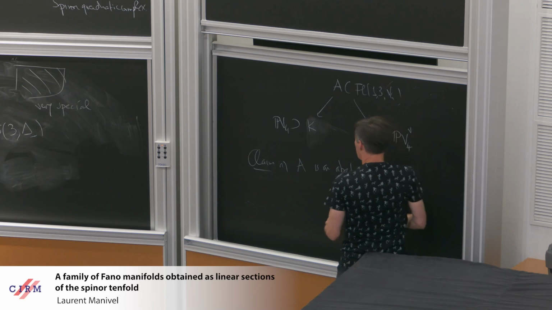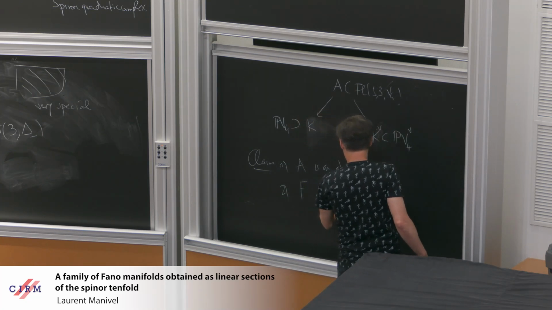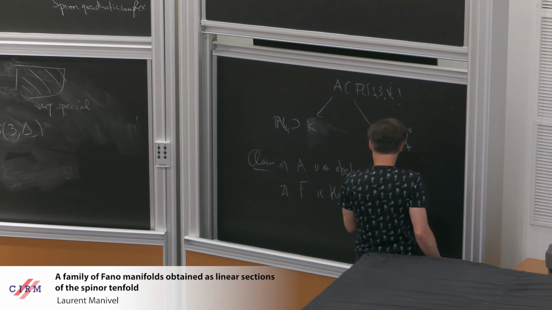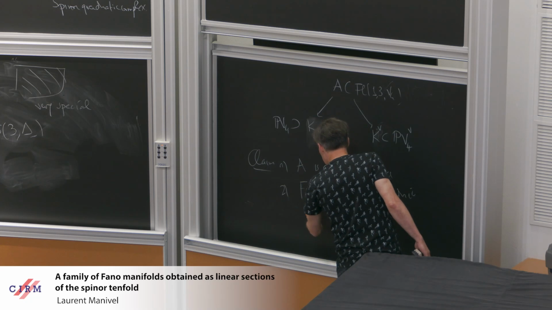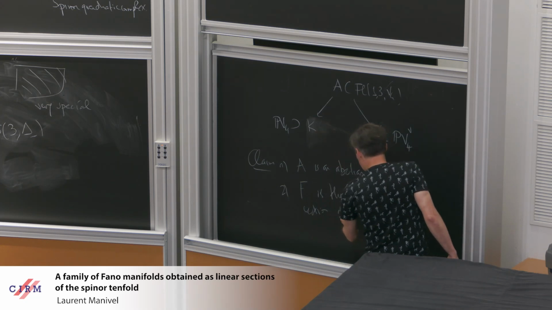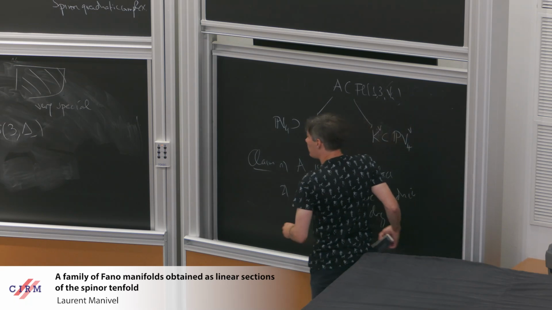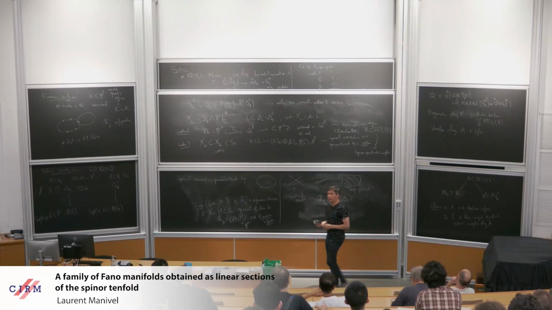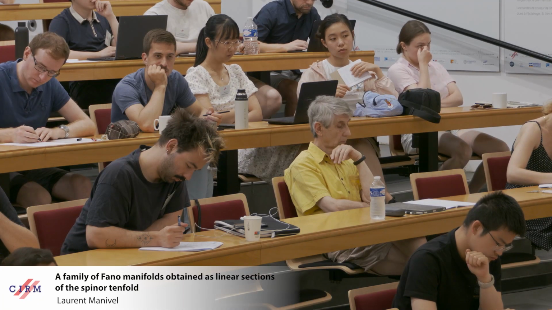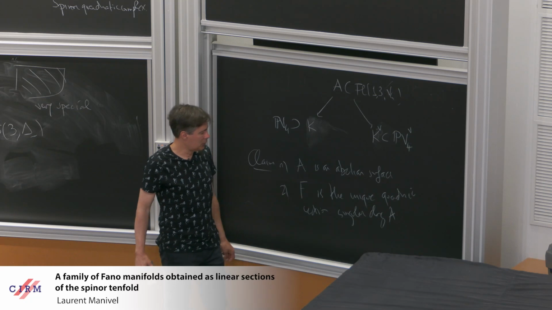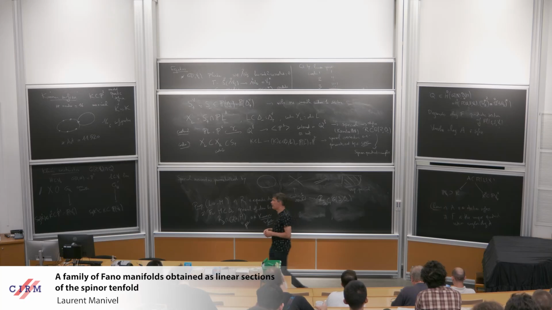The two projections are 2 to 1. And the nice fact is that F is the unique quartic section which is singular along A. So if you know about Coble hypersurfaces, this is exactly the kind of phenomenon that is observed for Coble surfaces. They have a very special singular locus, and they are uniquely characterized by this property.